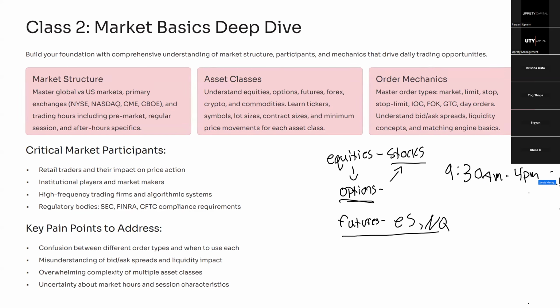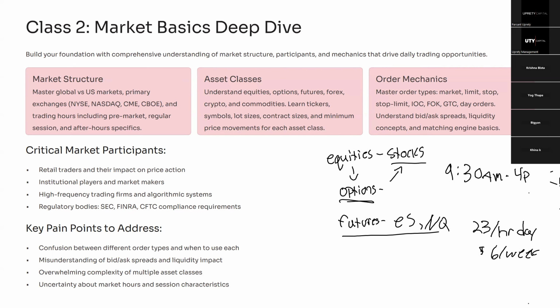Futures are open 24, sorry, 23 hours a day, and 6 days a week. I believe they open at 6 p.m. on Sunday and go all the way up to Friday.